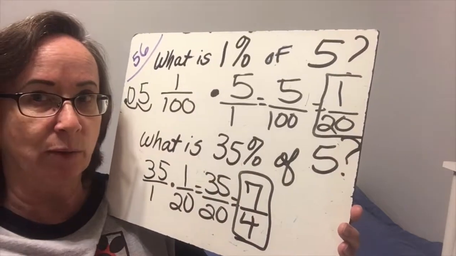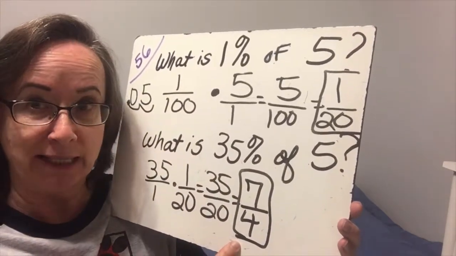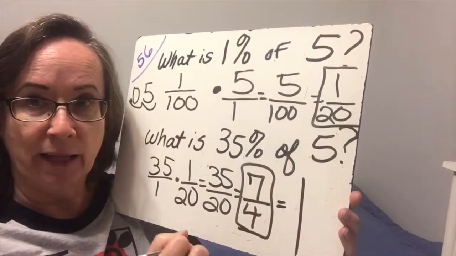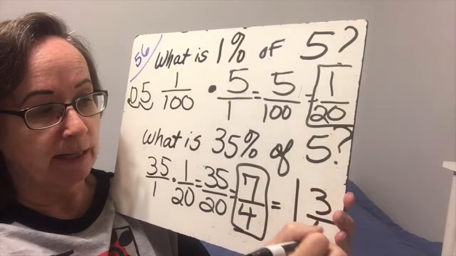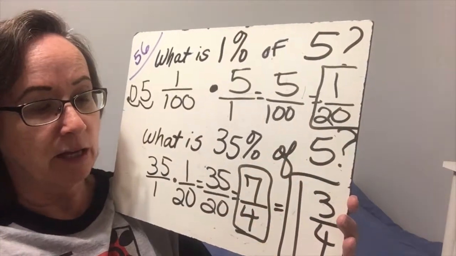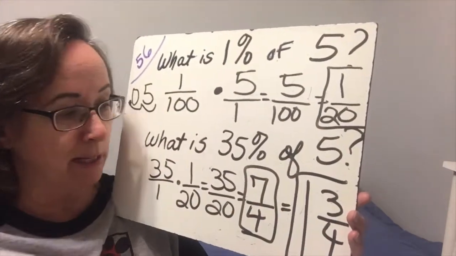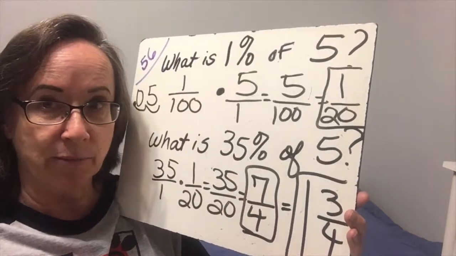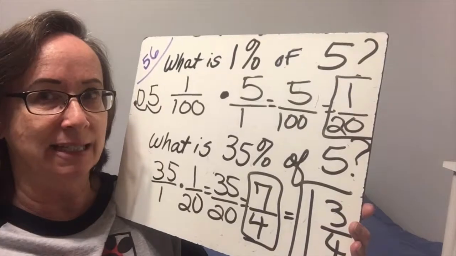If we wanted to, we could put that into a mixed number, and 7 divided by 4 goes one time with 3/4 left over. Okay, so depending on how they want us to express it, we could write it as an improper fraction or as a mixed number or even as a decimal.